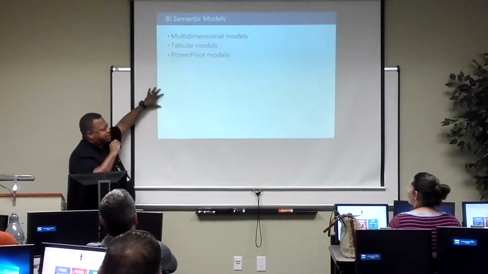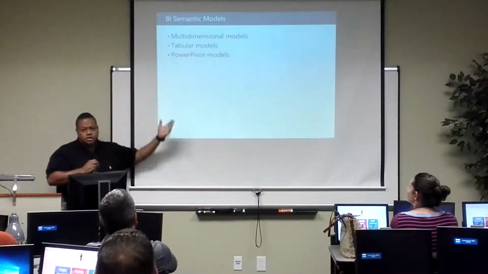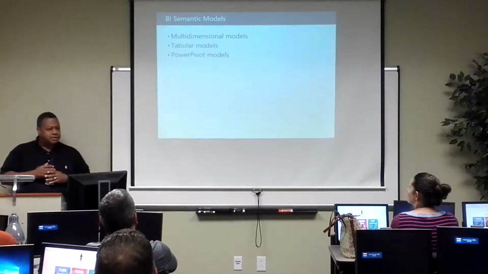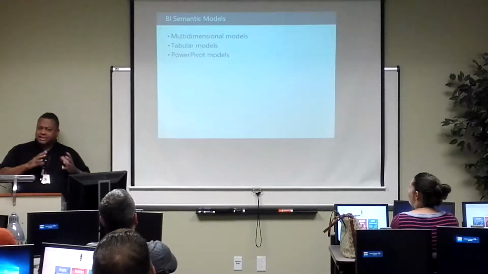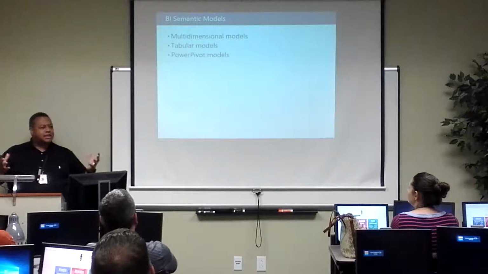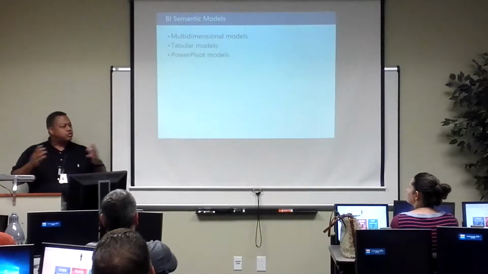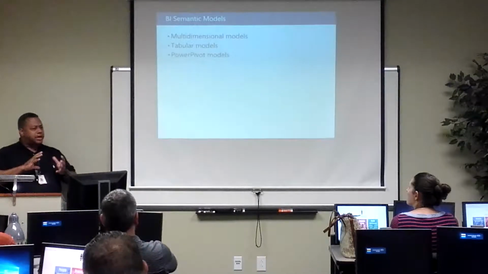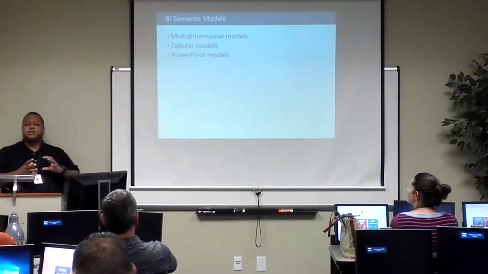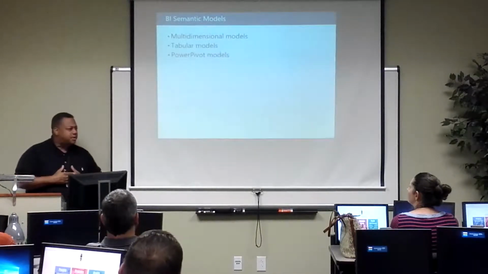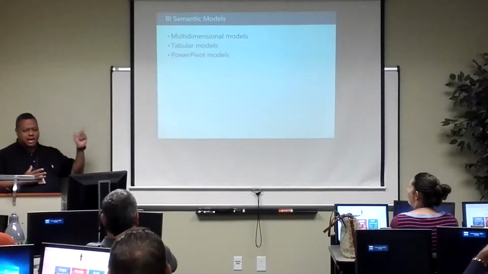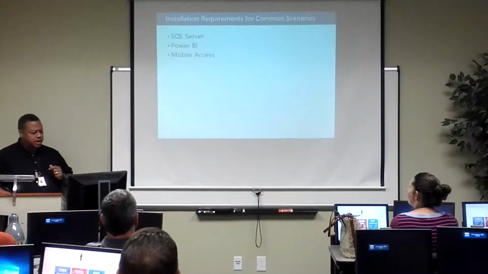We're going to do a little bit with a tabular model today, and then there's also what's known as Power Pivot. So for those of you that work with pivot tables, there's a way to get our data into Power Pivot, add columns, remove columns. Pretty much we're going to make the data look the way we want before we put it into a pivot table. So we have the Power Pivot models as well.